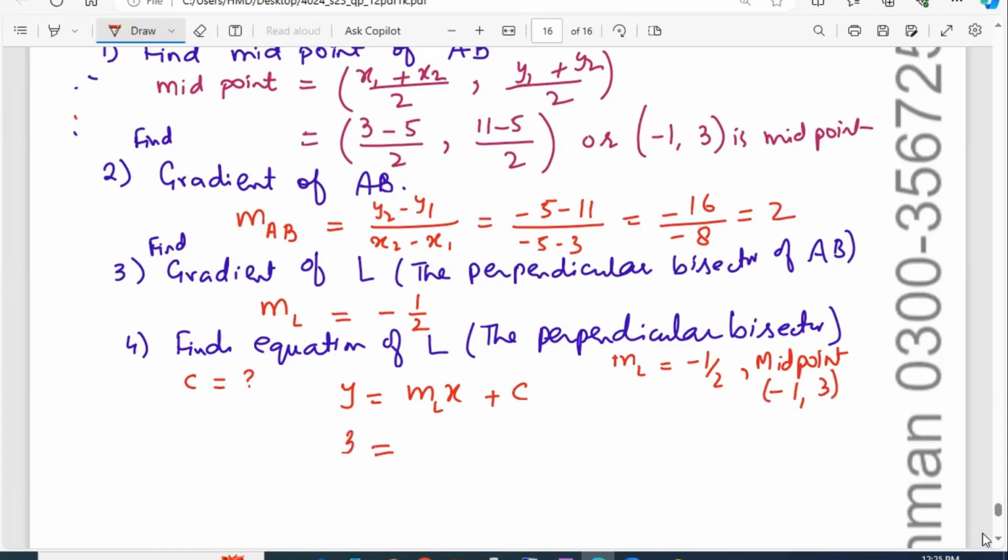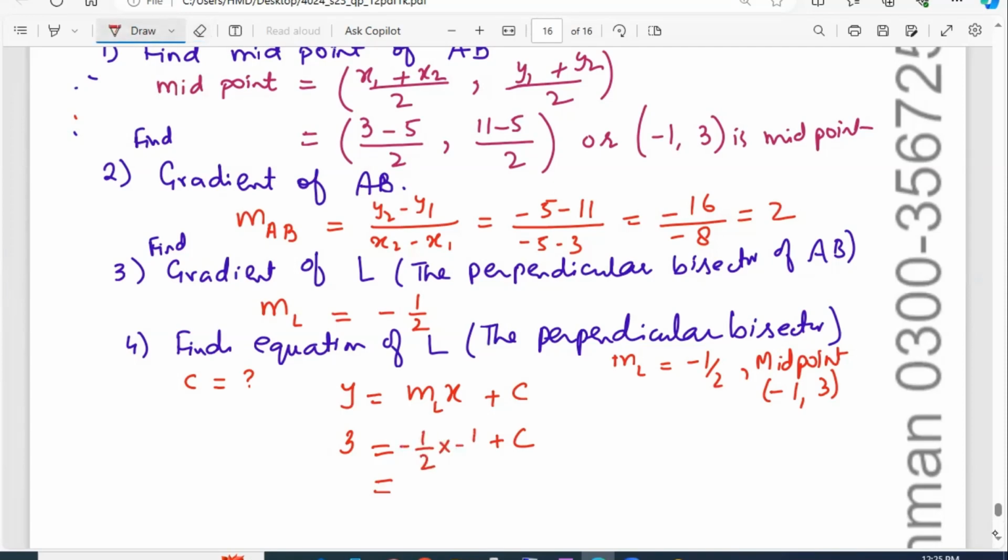So y is 3, m of L is -1 over 2, x is -1, sorry. -1 over 2 times -1 gives 1 over 2.